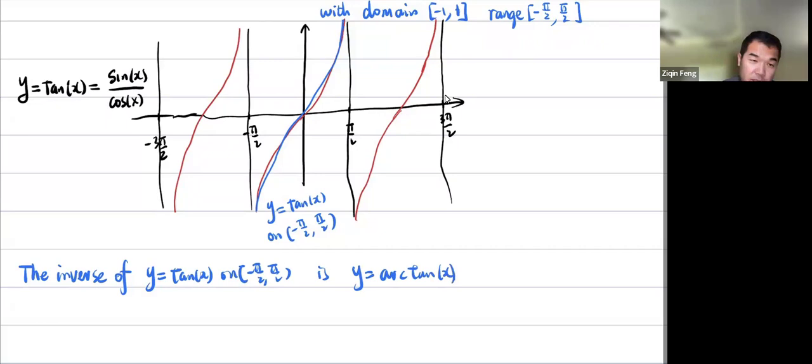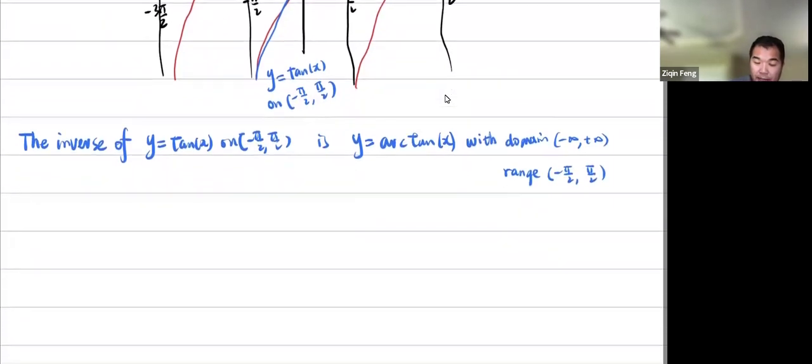The domain is the range of tangent. The range of tangent is from -infinity to infinity, so the domain of this inverse is for sure from -infinity to +infinity. The range is the domain of the original, from -pi/2 to pi/2.